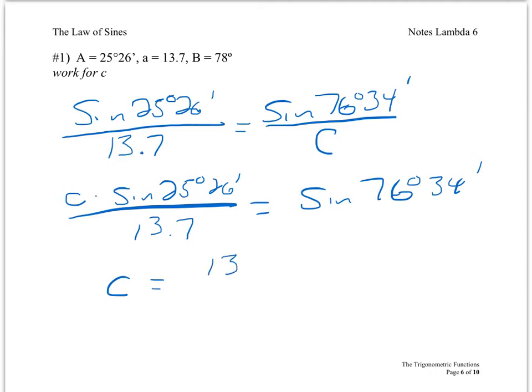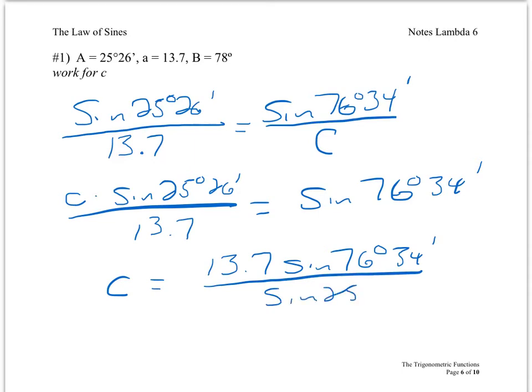On the right, I'm going to get 13.7 times sine of 76 degrees 34 minutes over sine of 25 degrees 26 minutes. If you put this into your calculator, you're going to get C is approximately, the direction said round to the nearest tenth.